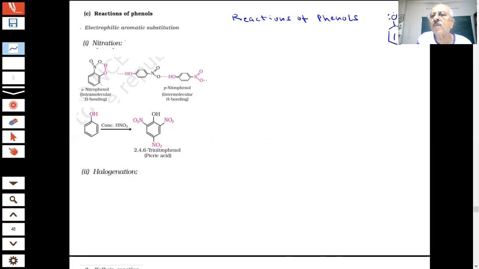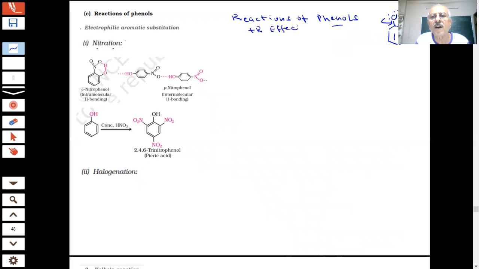Whenever there is a lone pair, what is going to happen, student? There will be an effect, you know. We have explained to you what is going to happen. This lone pair of electrons, the benzene will act as a sink of these electrons, it will take them, and there will be a negative charge at ortho and para positions. You have seen that earlier also. What is this called? Plus R effect.